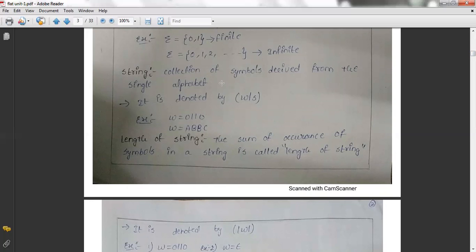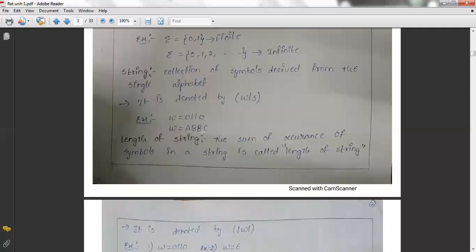It is denoted by W. So the string in finite automata will be denoted by W. W is equal to 0, 1, 1, 0 will be a string which consists of zeros and ones. W equal to A, B, B, C will be a string which consists of A, B, C. W equal to Nrcm means it is a string which consists of Nrcm.